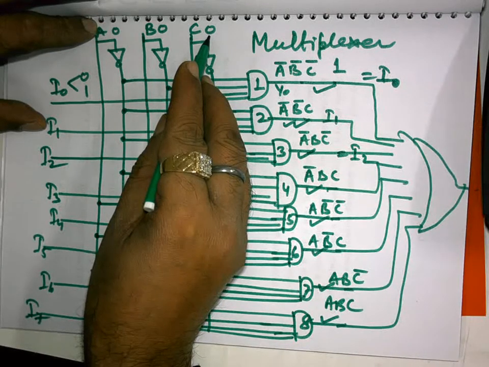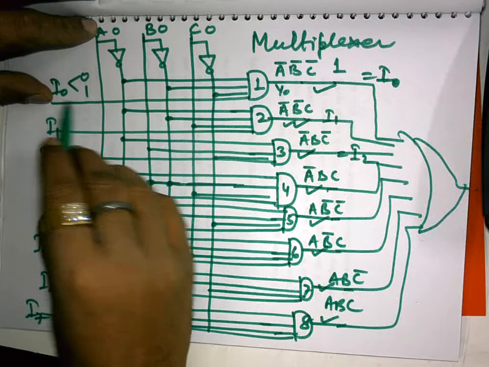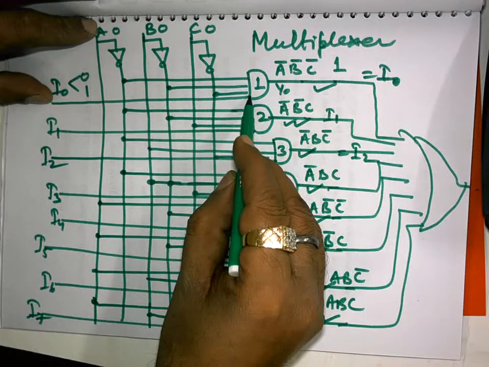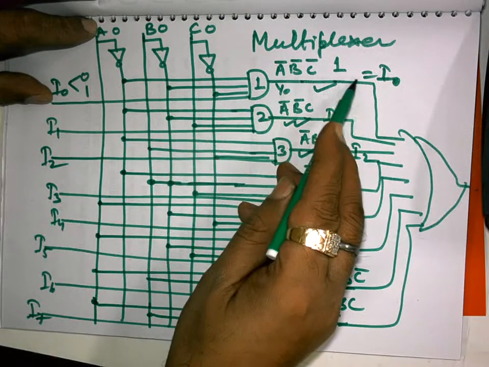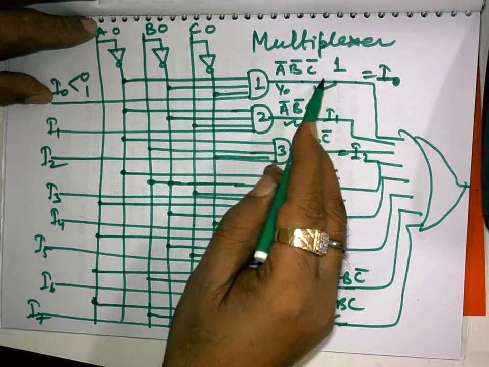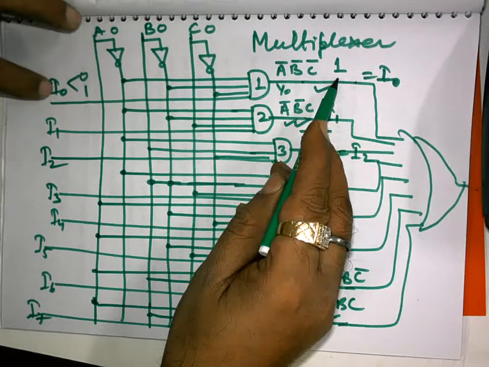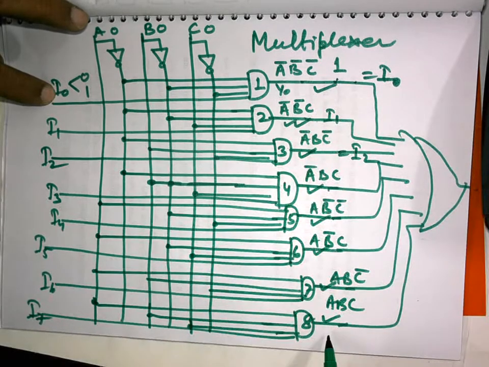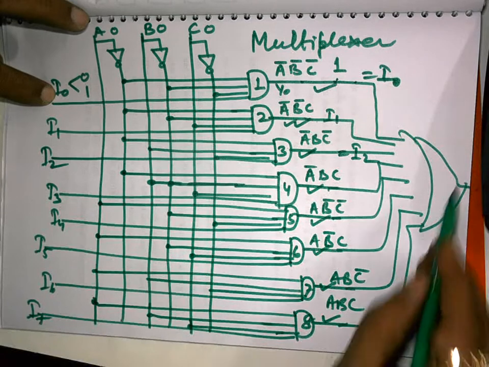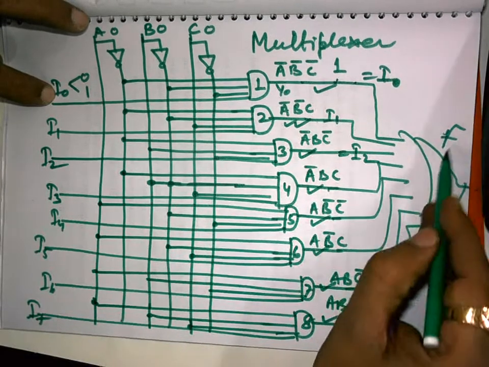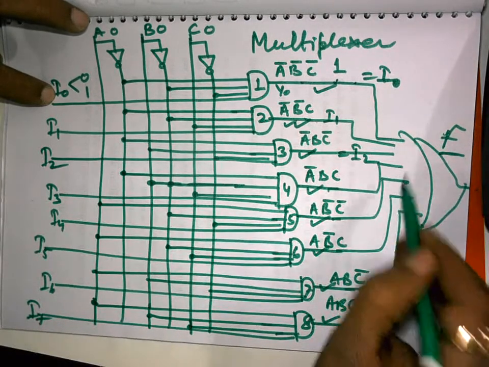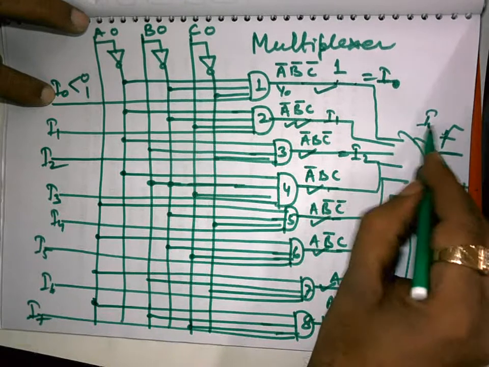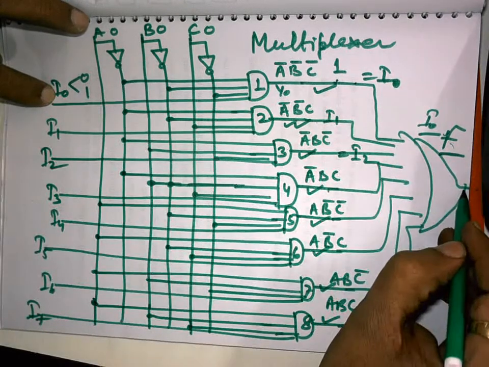The input I0 will appear over here. If it is 1, 1 will appear; if it is 0, 0 will appear. And the rest of the outputs are 0. So the I0 is coming at the output of the OR gate.